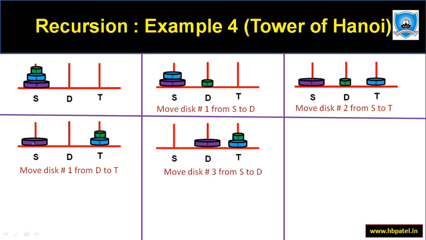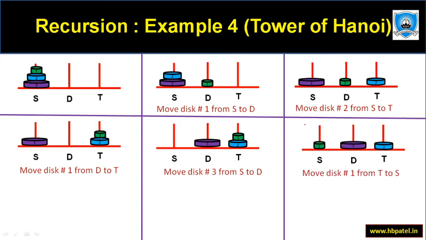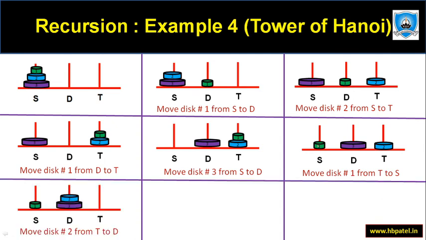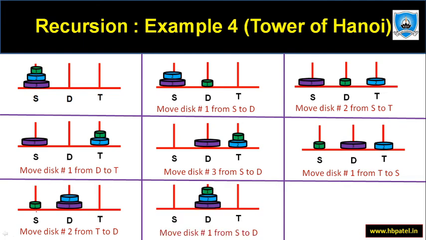Then I am transferring the largest disk, number 3, on the destination pole. Then I am transferring disk number 1 on the source pole. Then I am transferring disk number 2 on the destination pole, and at the end I am transferring disk number 1, the smallest one, on the destination pole.